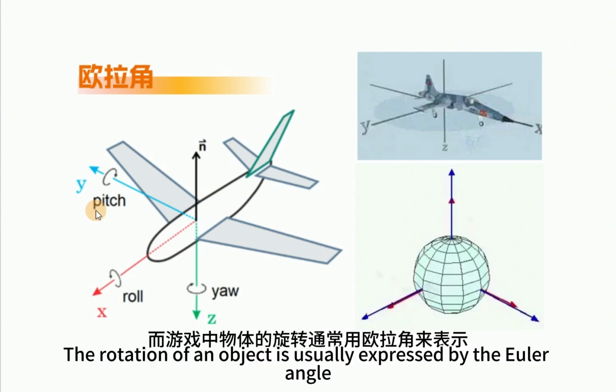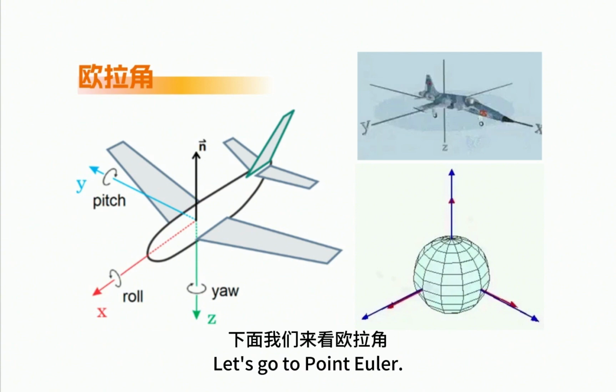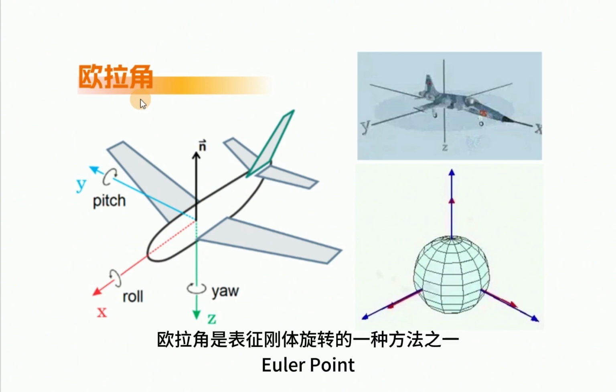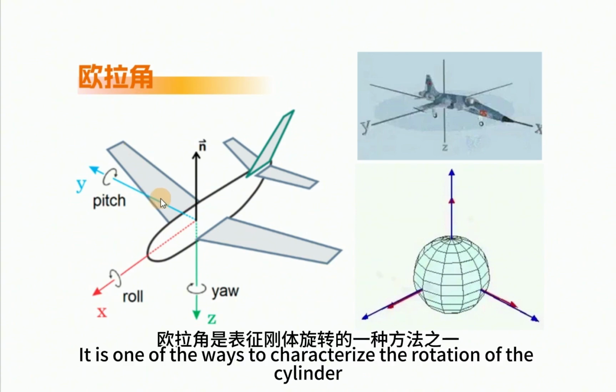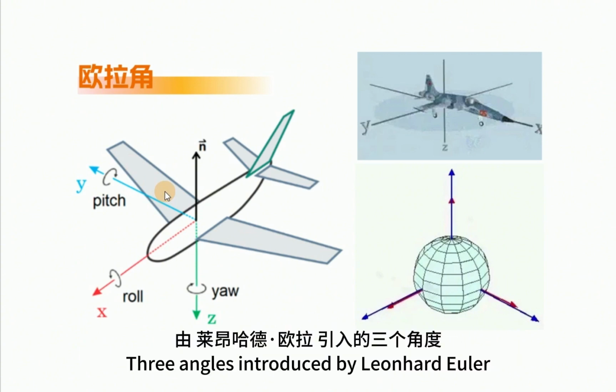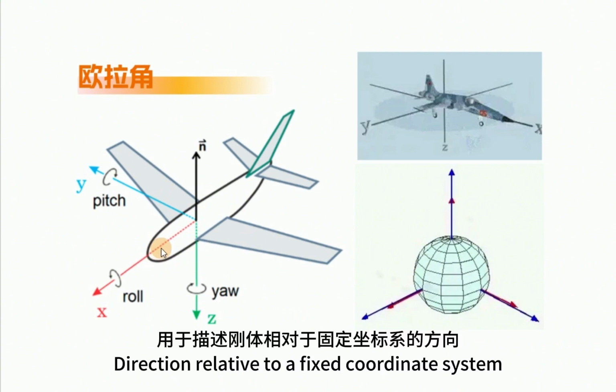And in the game, the rotation of an object is usually expressed by Euler angles. Let's go to Euler angles. Euler angles are one of the ways to characterize the rotation of a rigid body, three angles introduced by Leonhard Euler, used to describe a rigid body's direction relative to a fixed coordinate system.